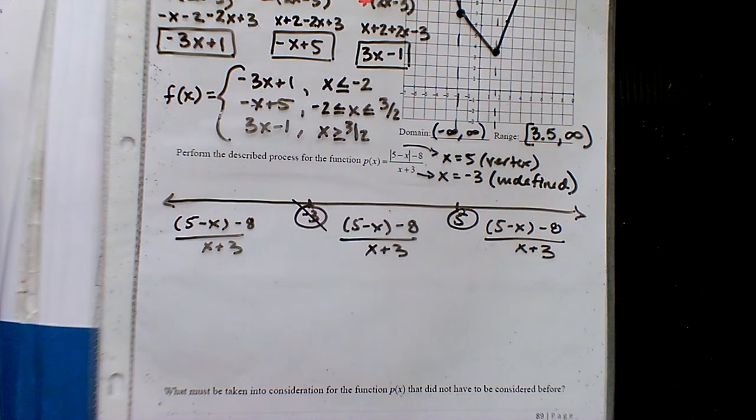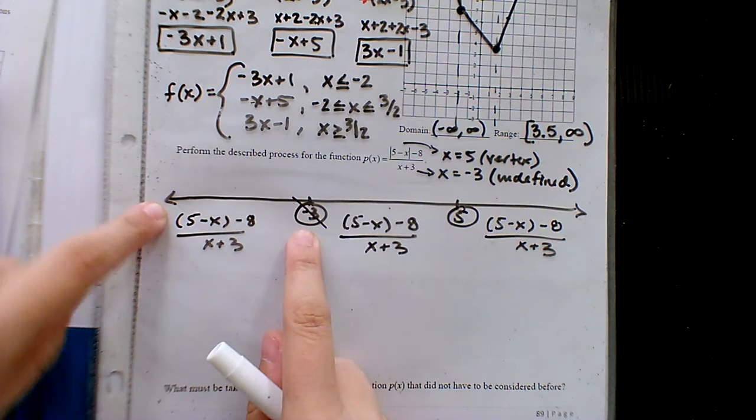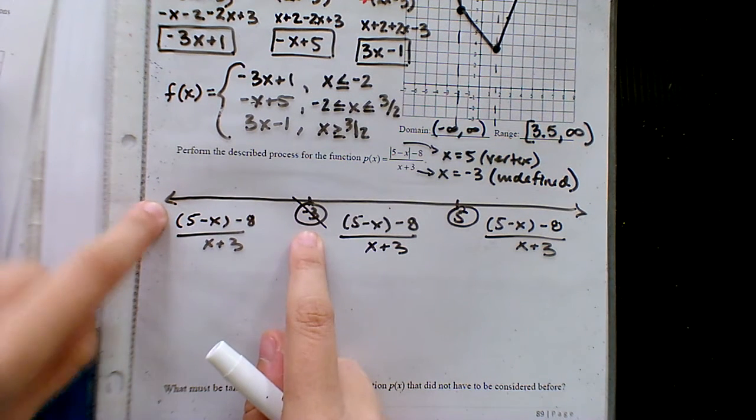So we're going to test to see how this equation is behaving on each one of these intervals. Is it negative, is it positive? Meaning is it going up, is it going down? How is it acting?